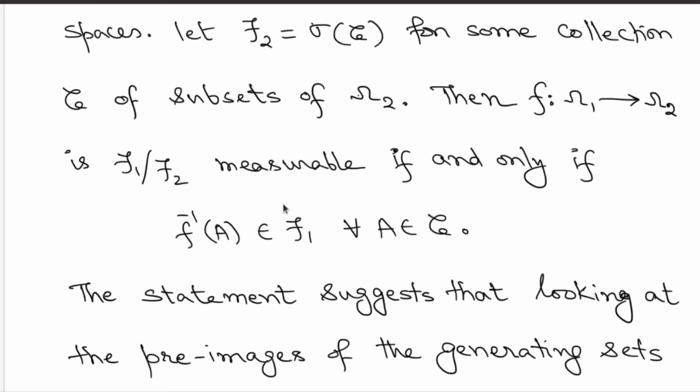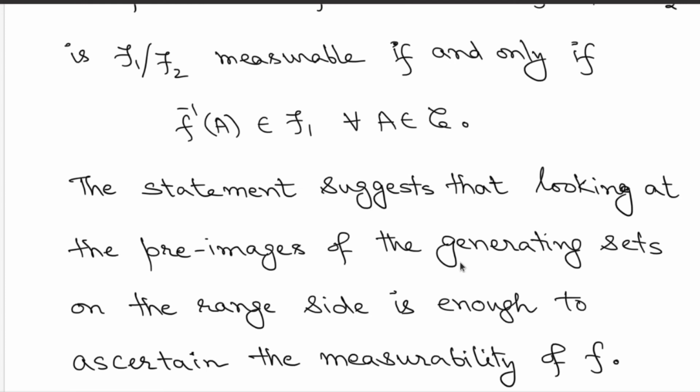Remember, as per the definition of measurability, you are supposed to look at all possible sets coming from F2. But instead of looking at all possible sets from F2, we just choose to look at only the generating sets on the range side. Take only those sets A and look at their pre-images. If the pre-images fall in the domain side sigma field, then your function will be measurable.